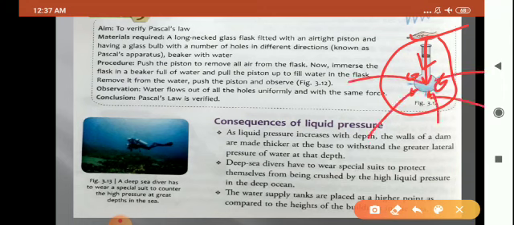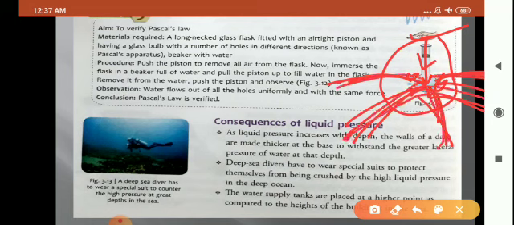So what we have found out is that the same volume of water is ejecting out through all the holes equally. The velocity of this water is also the same, or you can say the same quantity of water is ejecting out uniformly. Water flows out of the holes uniformly with the same force.